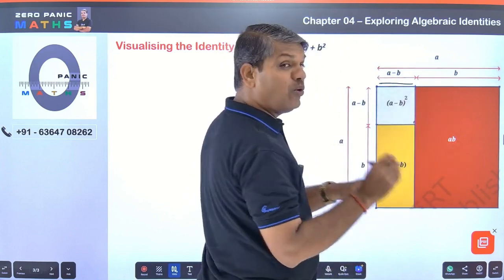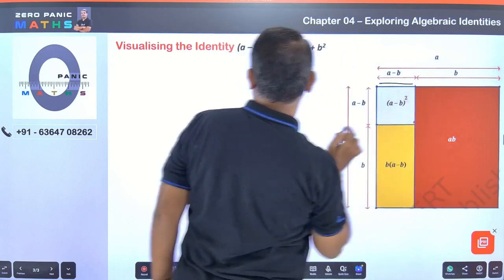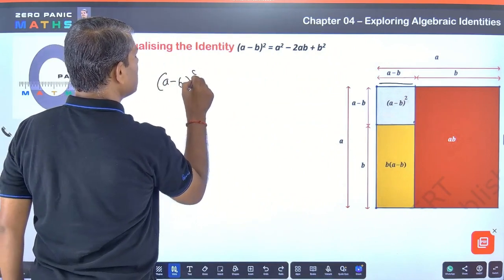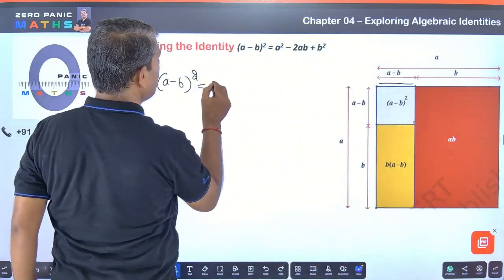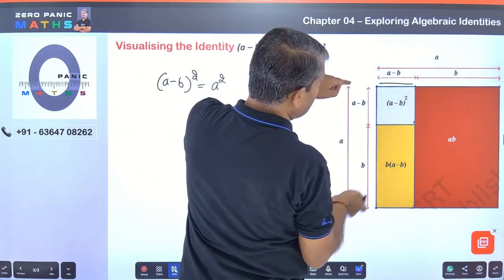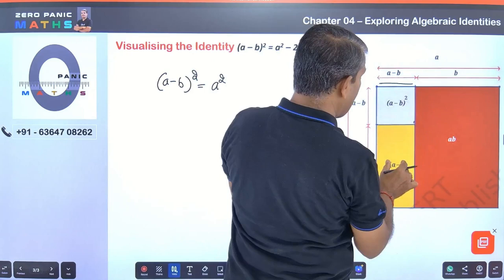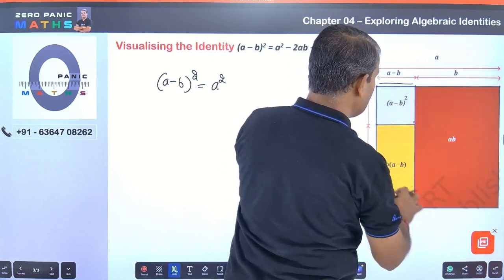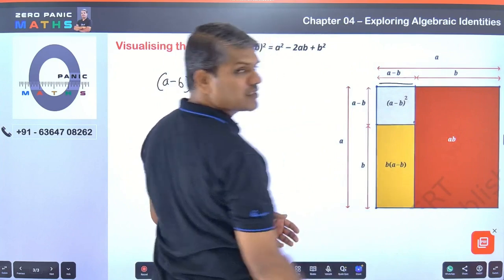Okay, so how do I write it mathematically? (a minus b) whole square is equal to the area of the outermost square whose side is a, right? The big square, it is a into a, so that is a square, and from that a square I have to subtract this area and this area, the rectangles, yellow and red, that will get me the area of this.